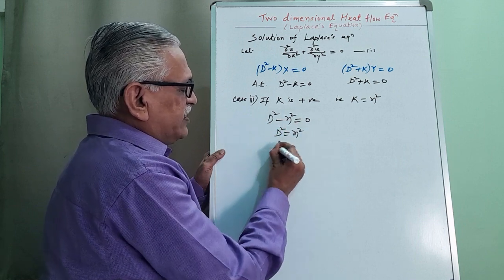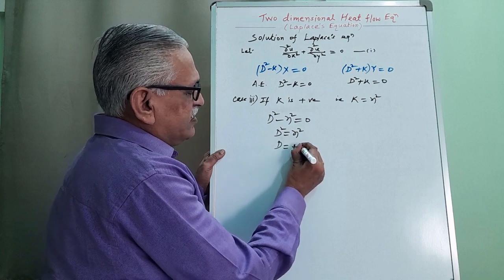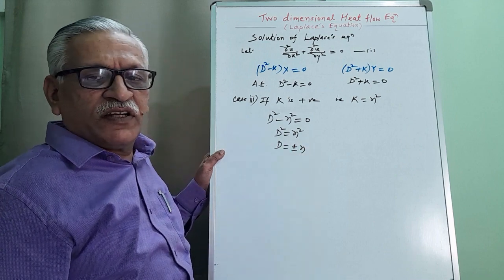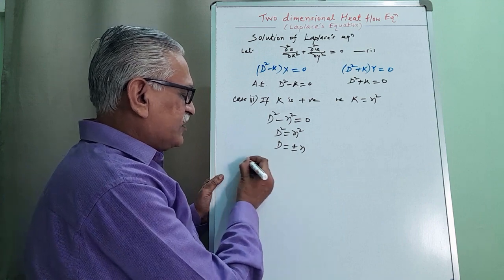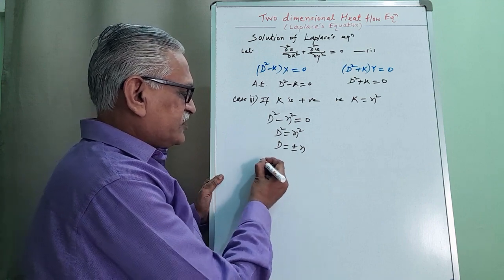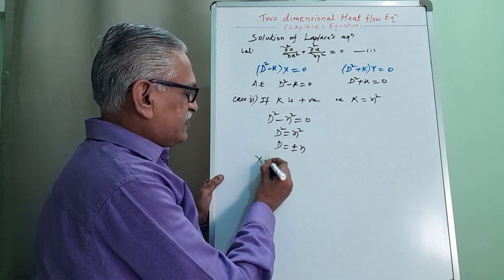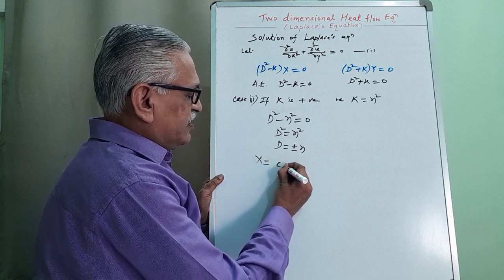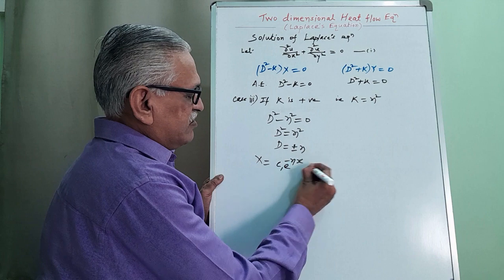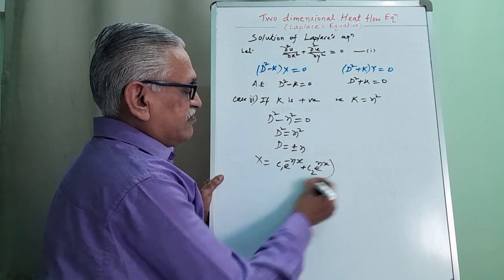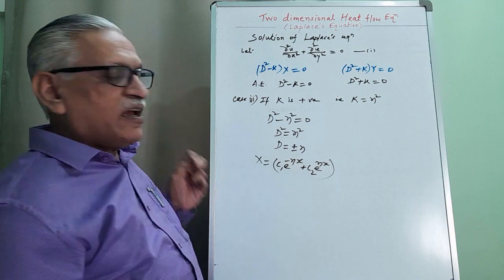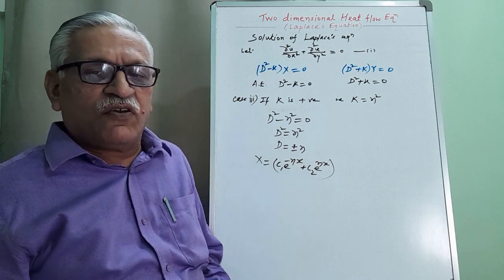Taking square root, we get D equals plus minus n, two different and real roots. And when roots are real and distinct, we get capital X as C1 e raised to minus nx plus C2 e raised to nx as the value for that capital X.